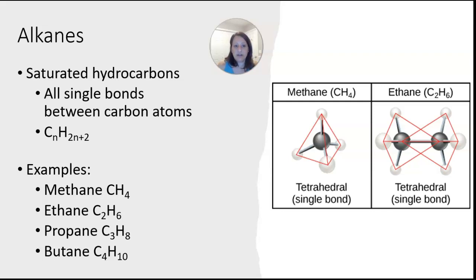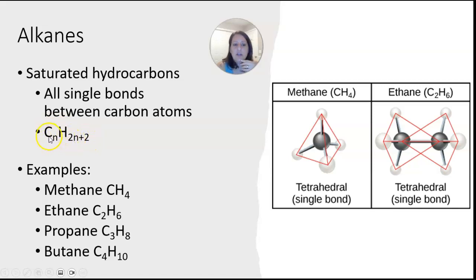The suffix here, ane, is going to tell us that these hydrocarbons are going to be saturated, which means that there's going to be all single bonds between carbon atoms, and the maximum number of hydrogens will be bonded to those carbons. Everybody's going to be full and satisfied. There's no double bonds in these molecules. They're all single bonds. The formula for alkanes that you're going to need to know is CnH2n+2.